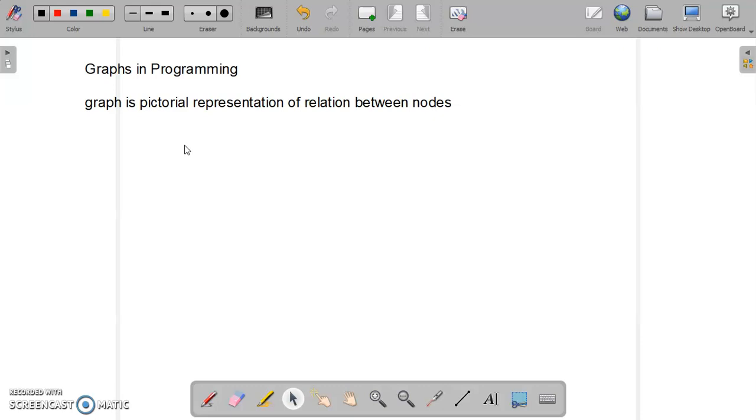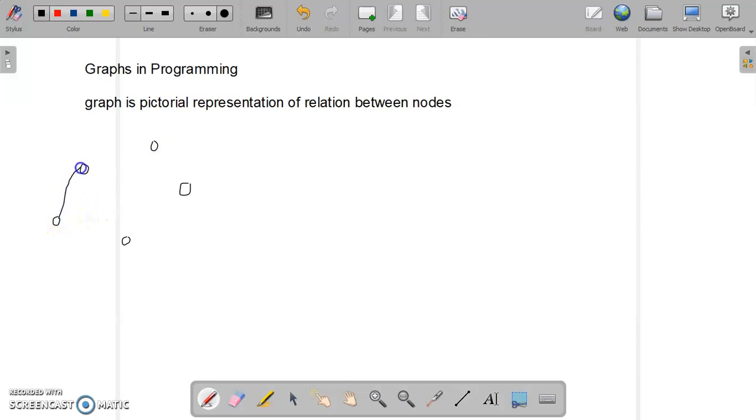Then similarly the airlines that connect the different parts of the country, and how the flights are scheduled, those are different representations of the graph. So basically we have nodes in a graph which are related to each other in some manner by some relationship which defines the essence of the graph.